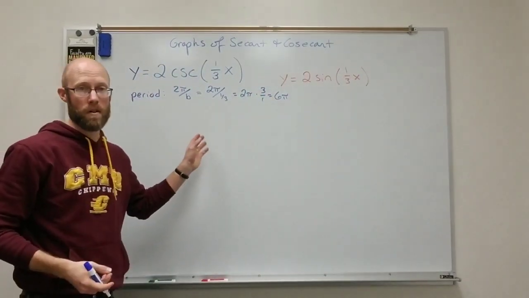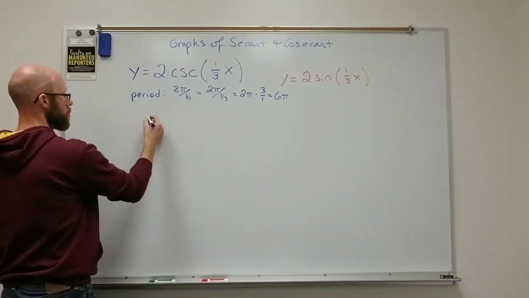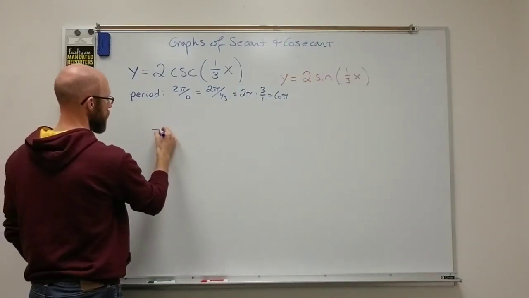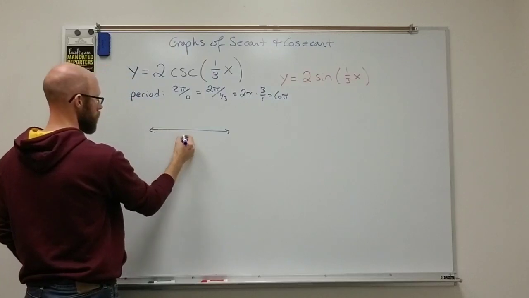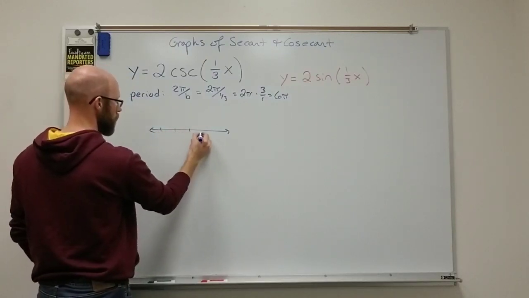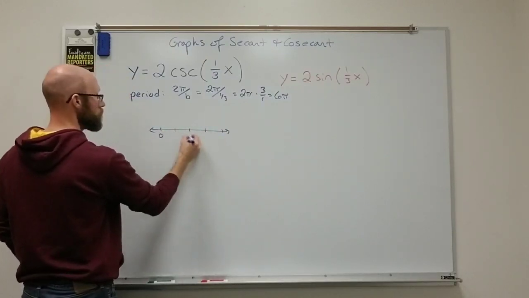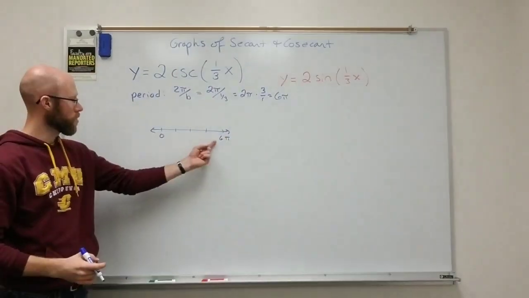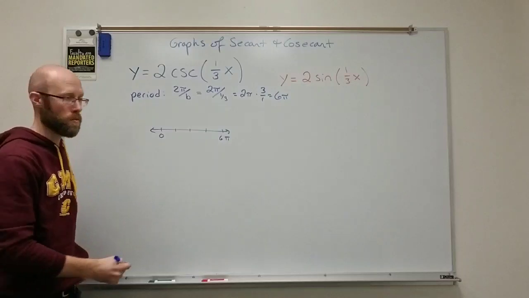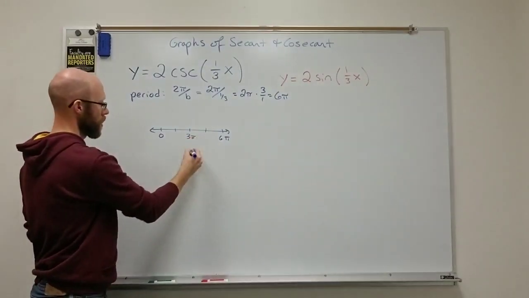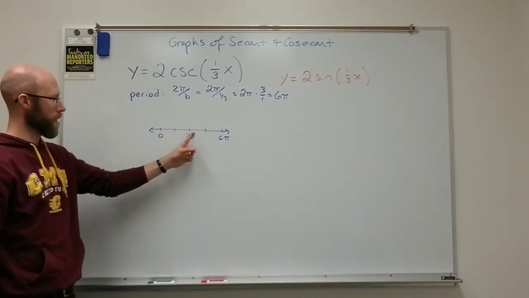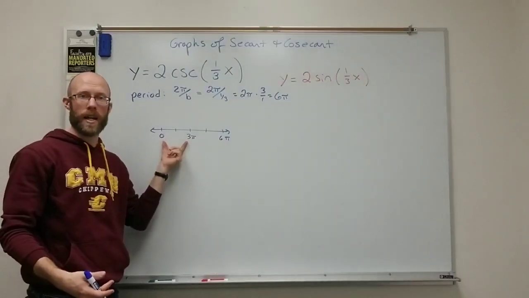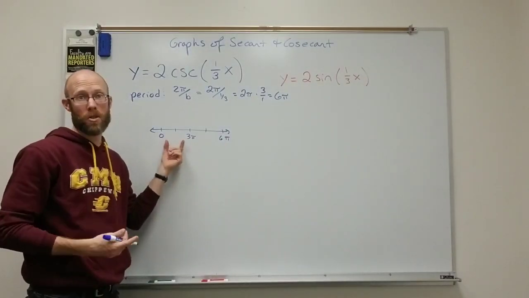There's no phase shift. So the period is going to run from 0 to 6 pi. And if you consider what your 5 key points are, 0 to 6 pi, then you cut in half the distance from 0 to 6 pi, that's 3 pi. And you cut each of those in half, 0 to 3 pi, cut that in half, it's, what, 3 pi over 2, right?